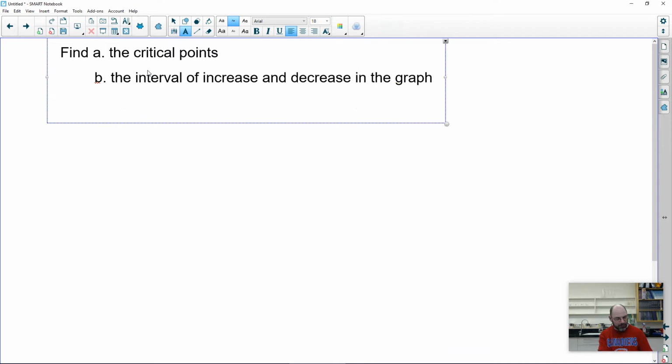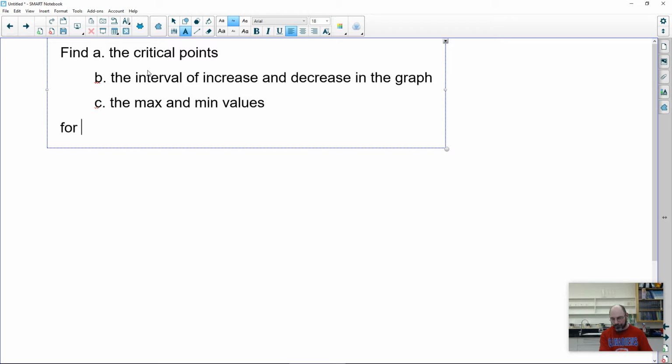And see the max and min values, if there are any. For, let's say, y equals x cubed plus 3x squared minus 1.